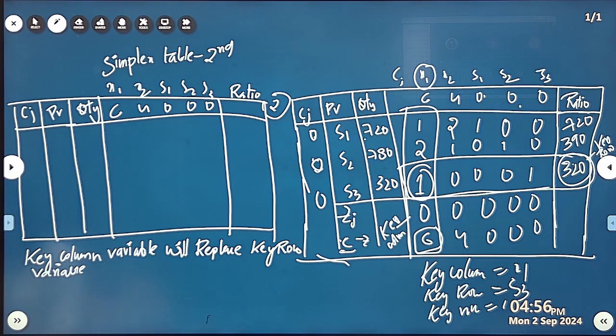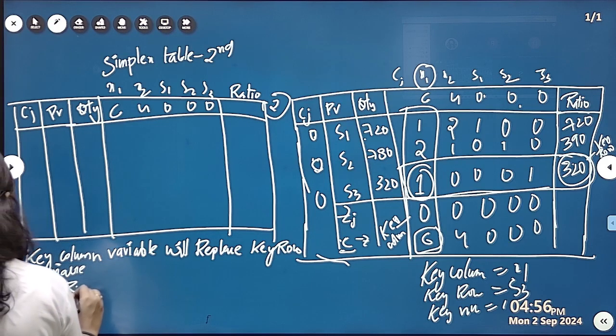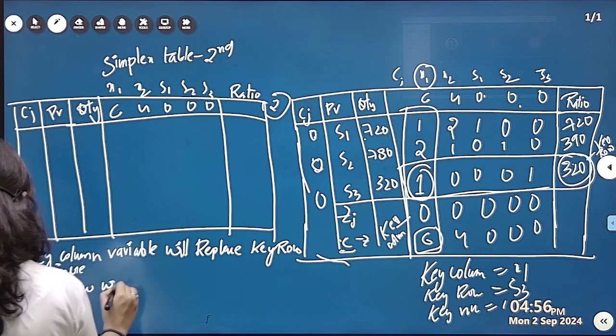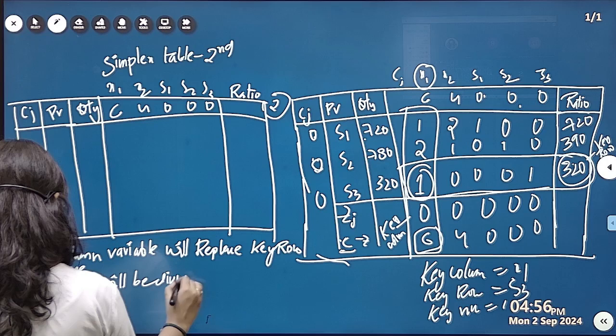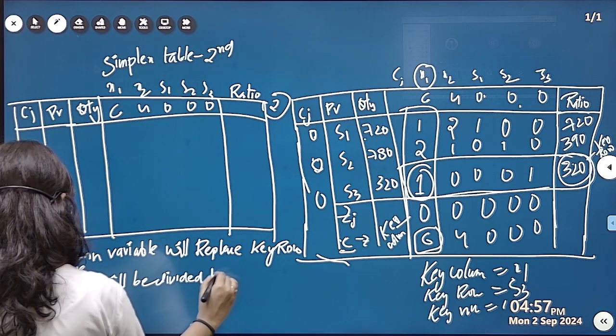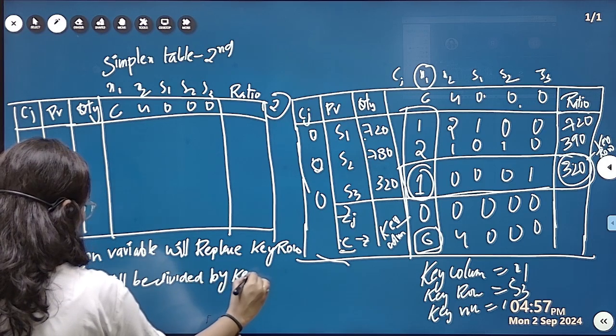And then after that write next point, seventh point, key row will be divided by key number.